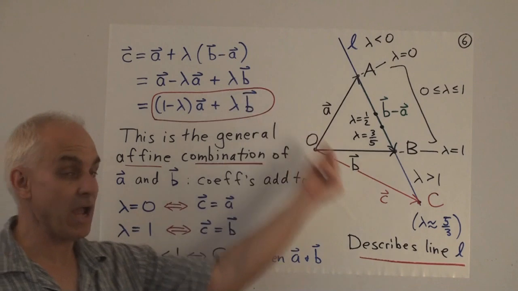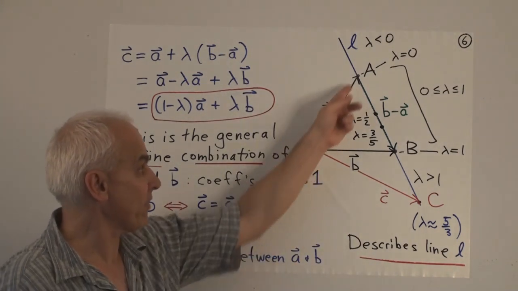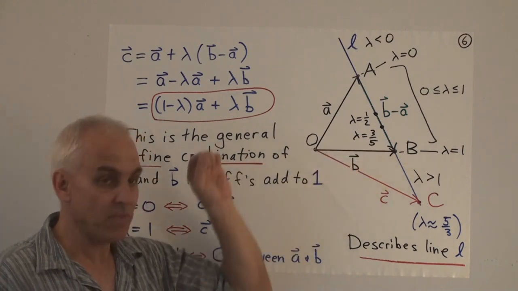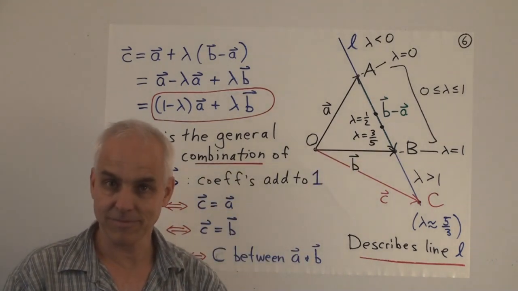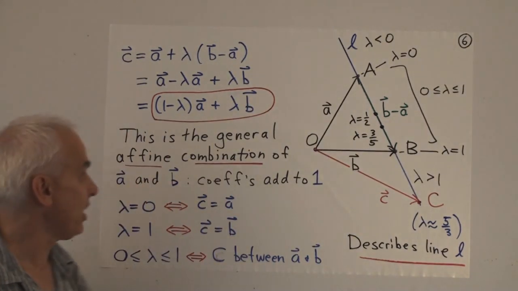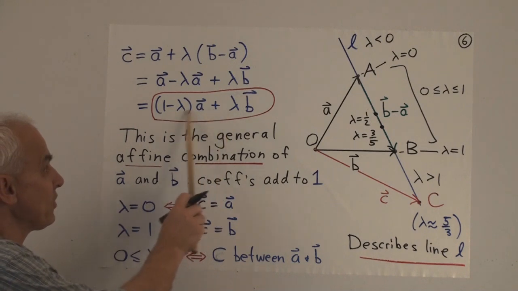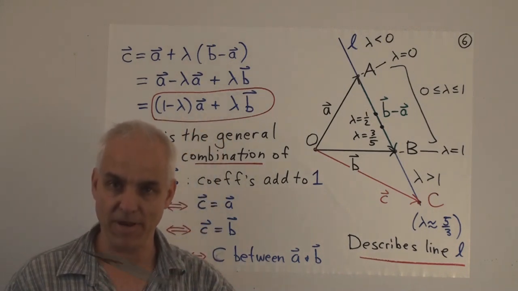So it's a way of describing the line parametrically. It's a general line with reference to these fixed vectors A and B specified by 2 particular points on the line. It's a very important idea, this idea of making an affine combination. And the critical thing is that these coefficients add up to 1. That's how you recognize an affine combination.